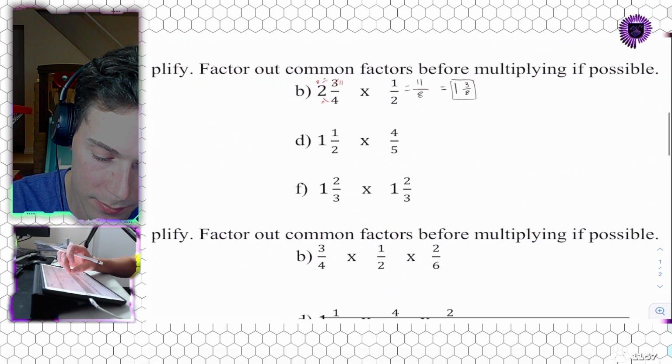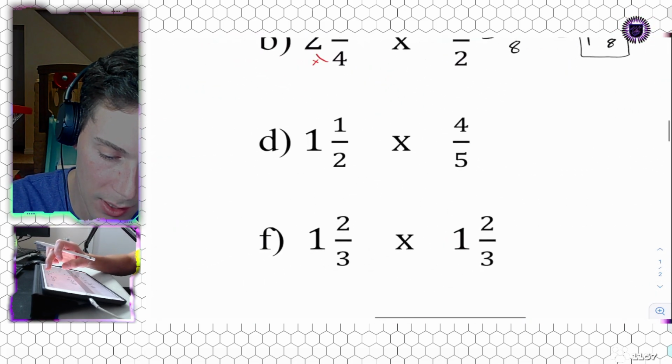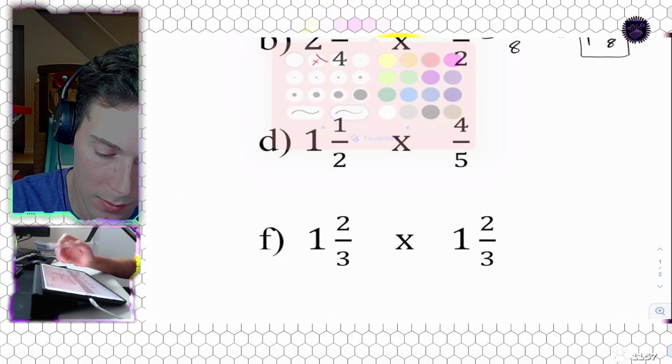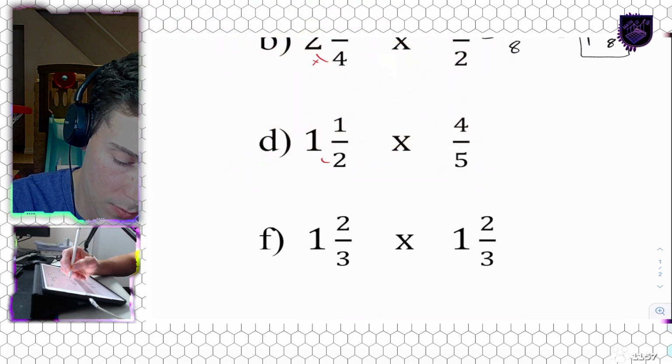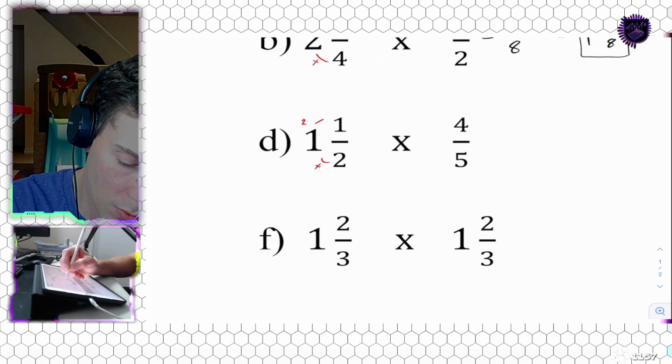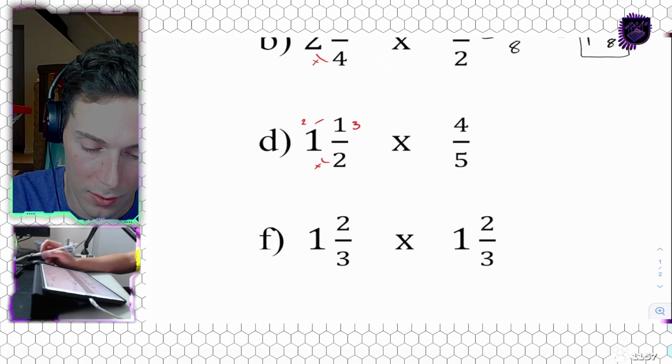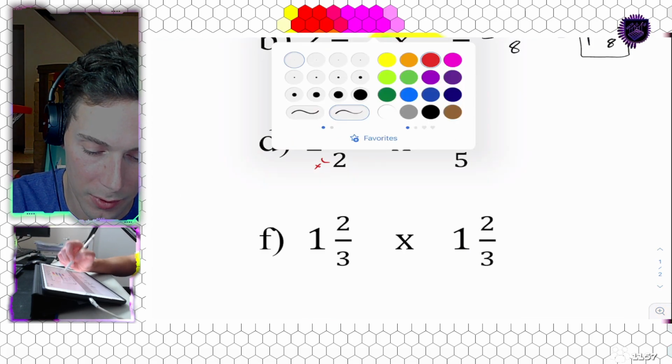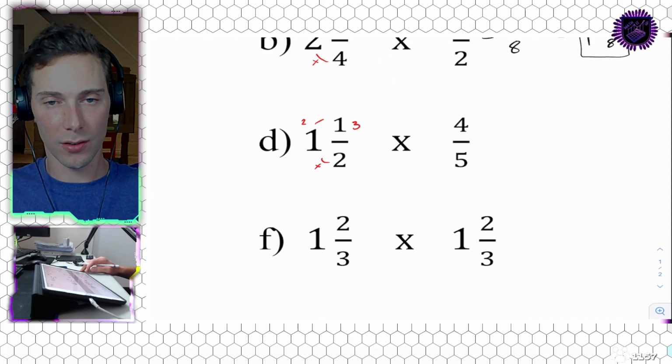3D. Mixed number again. Let's go. 2 times 1 is going to be 2, plus 1 is going to be 3/2. Do we have some common factors? Yes, we do.